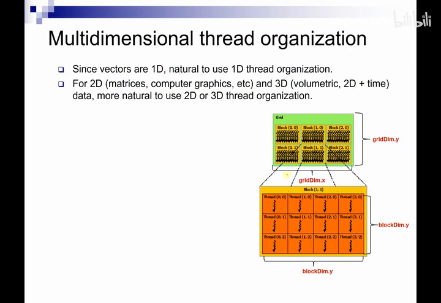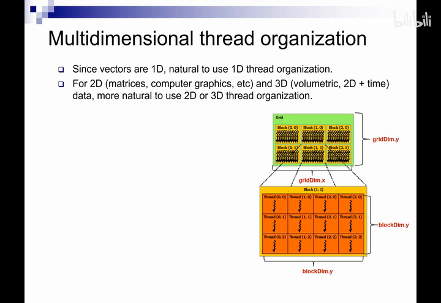In the previous example, the thread block was just a 1D thing, but you can also make the thread block a 2D thing. If it's a 2D thread block, then each thread within the thread block would be identified by two numbers, like thread 10, thread 20, and so on.